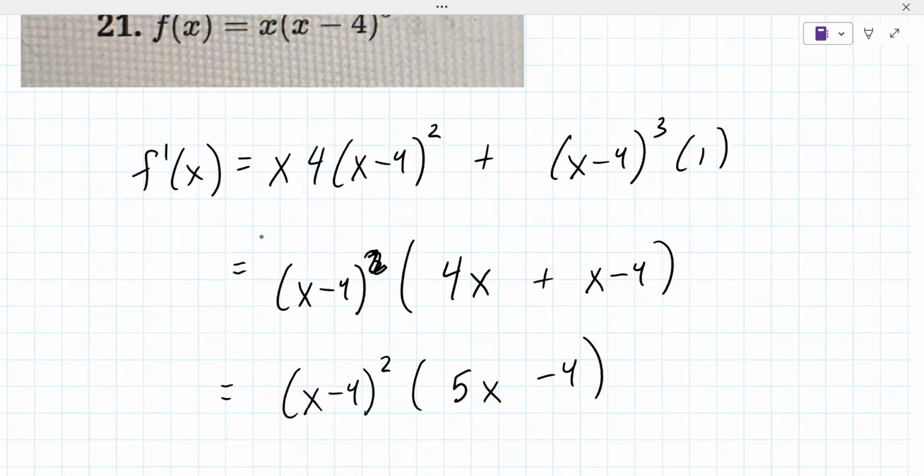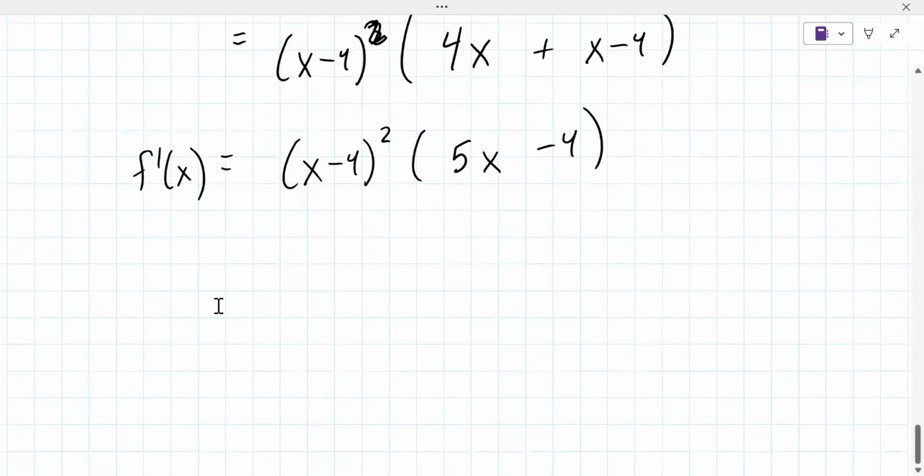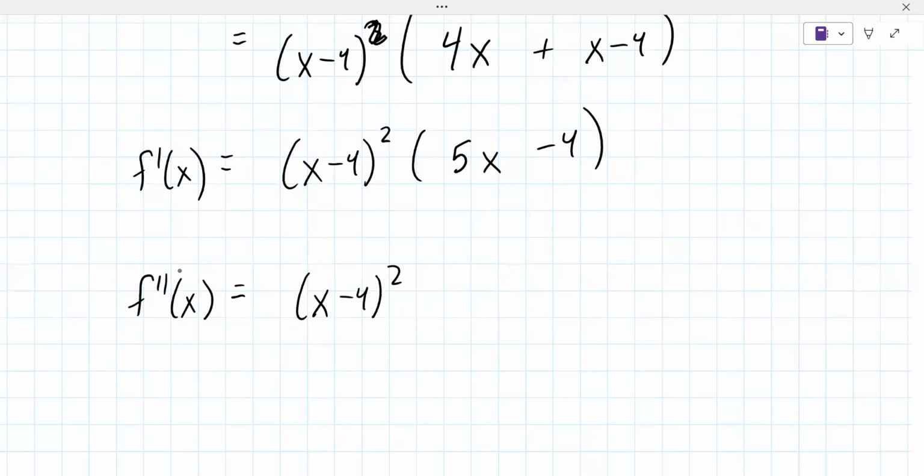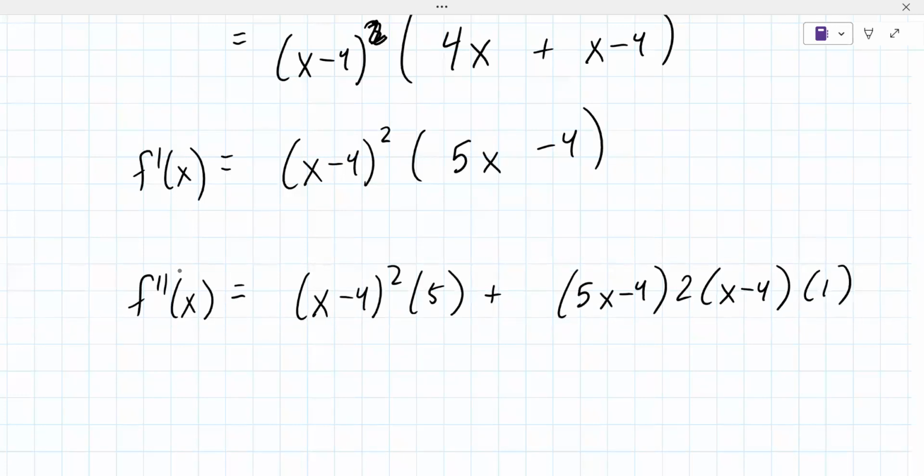So yeah, we're only halfway there. We've got to take yet another derivative. Second derivative here: first times the derivative of the second plus the second times the derivative of the first. And then you can see they both have an x minus 4 in them, so you factor that out.